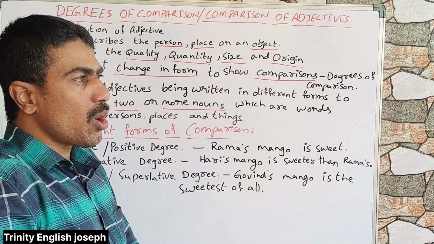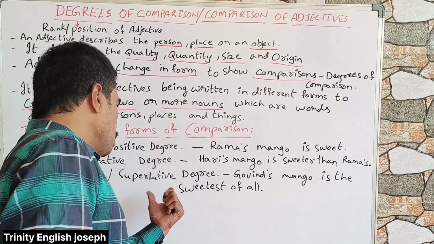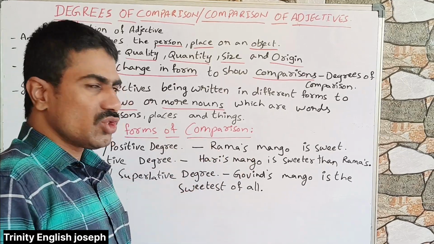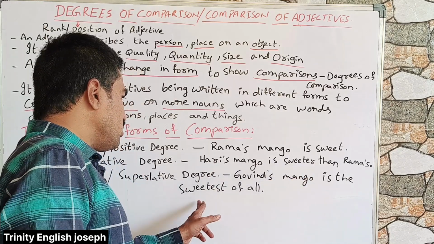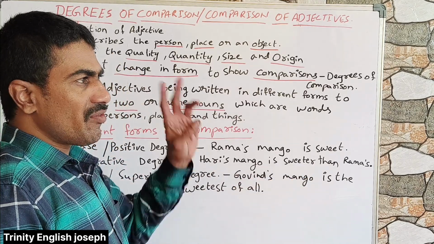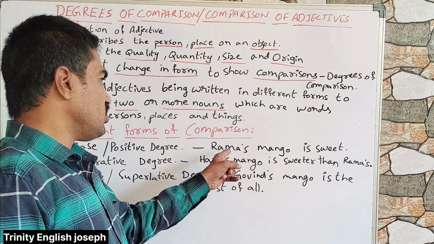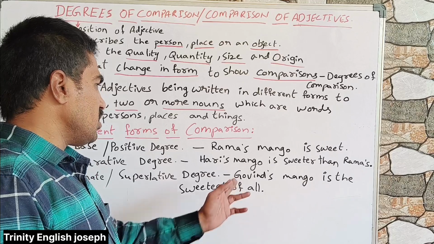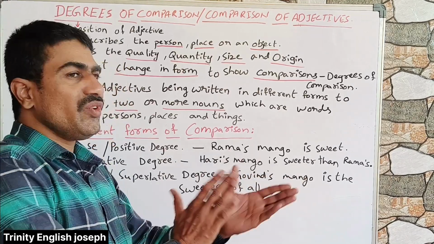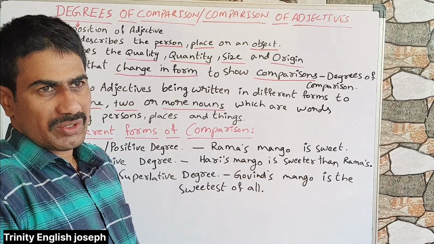The third is the ultimate or superlative degree: Govind's mango is the sweetest of all. We have taken three nouns here, Rama, Hari and Govind, and Govind's mango is the sweetest of all the three.